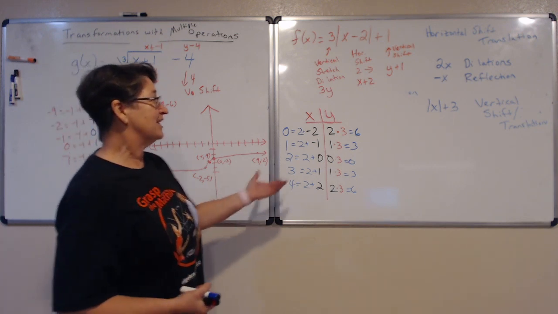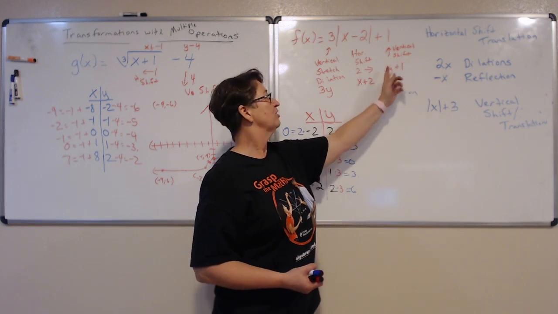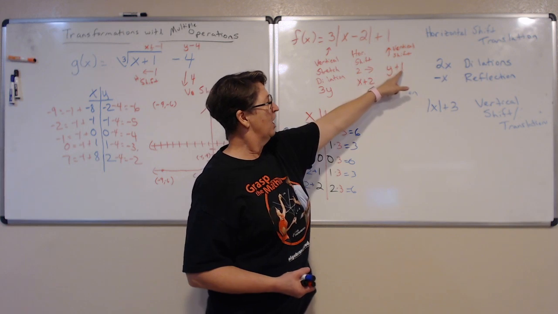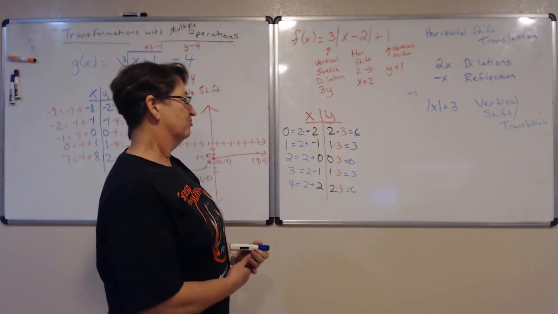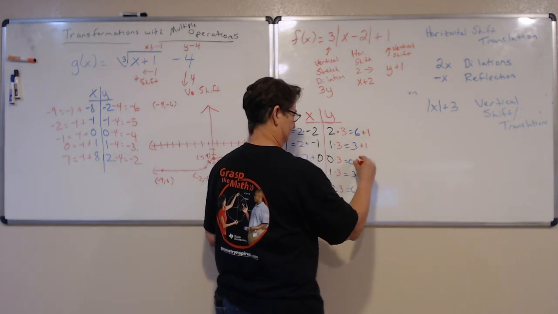Now the last thing I have to do is my vertical shift or my vertical translation. So I'm going to do this last vertical shift and move it up 1. So to all my y values now, I'm going to add 1.